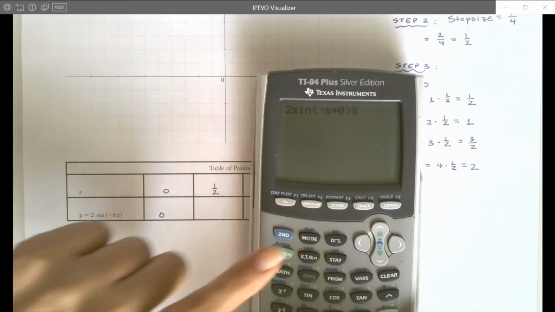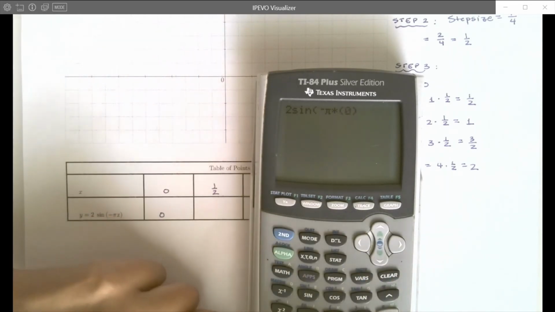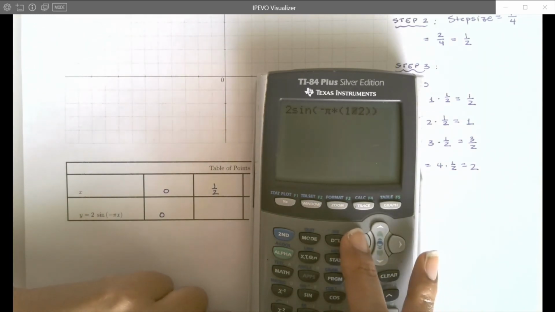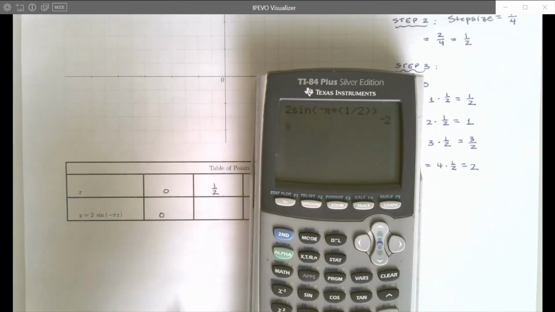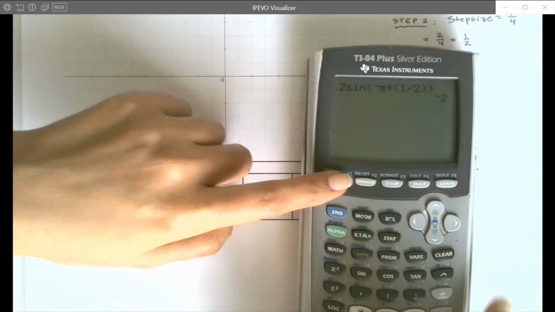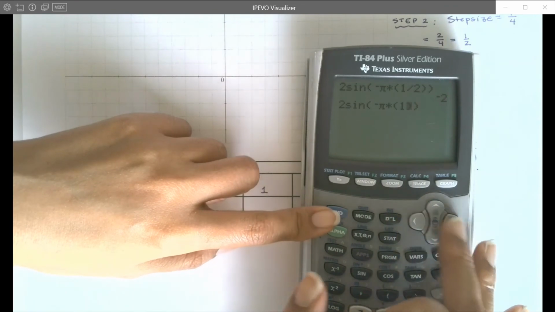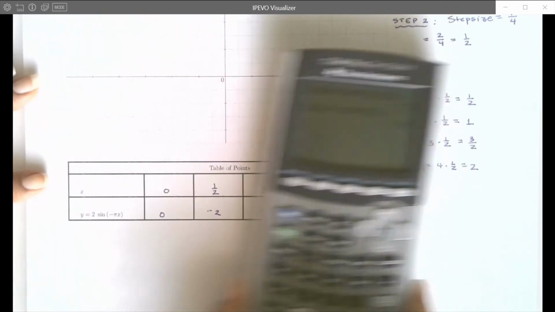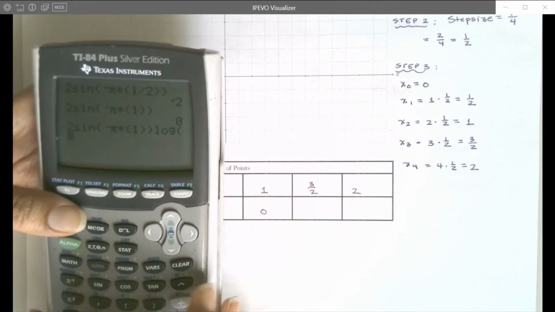Okay, then we have negative pi times 1/2. I'll go ahead and introduce the parentheses here. Okay, and we're going to get negative 2. Alright, next one is 1. So I'm just going to delete the 1/2 and get 0. Next one is 3/2.